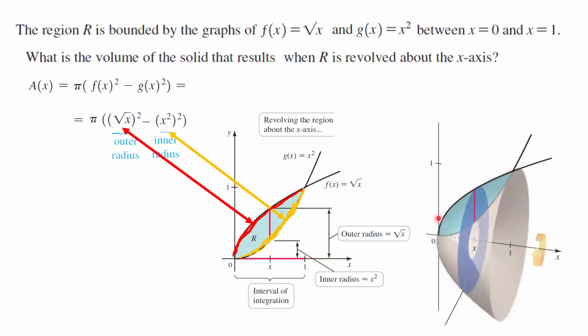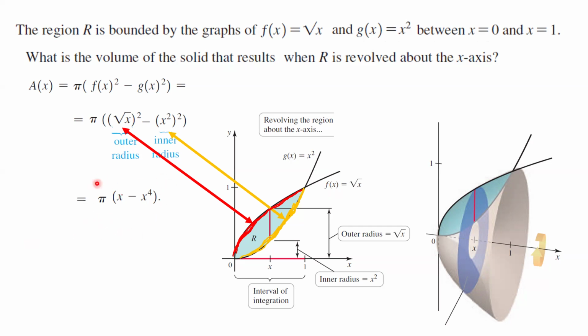If you revolve this around the x-axis, the object that you get is this three-dimensional object. We take this and start rotating it about the x-axis. This can be simplified as pi times x minus x to the fourth.